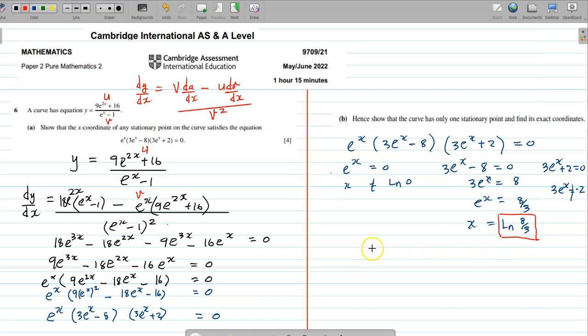Okay, now we get the x value, and they want the exact coordinate. So the x value here is ln 8/3, so we need to get the y value now. From the function here we have y equals 9e to the 2x plus 16, all of that over e to the x minus 1.